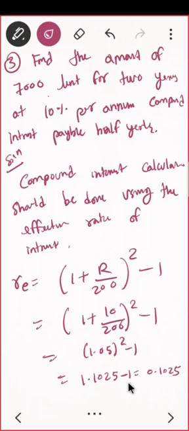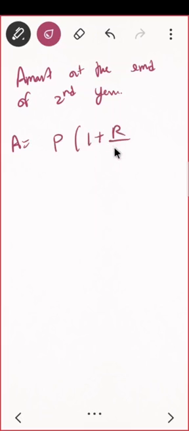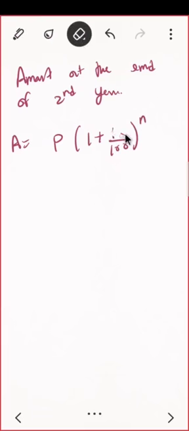Correct. So what will be your formula? Amount at the end of the second year will be equal to P bracket 1 plus R upon 100 raised to N. Sorry, R upon 100 raised to N. This R will be your effective rate of interest, RE.